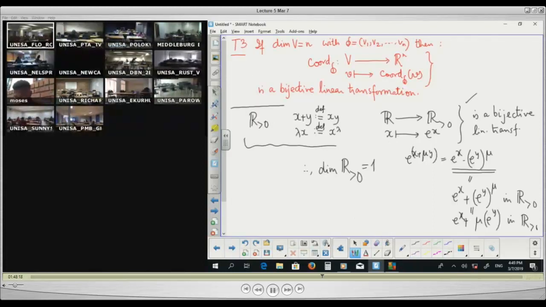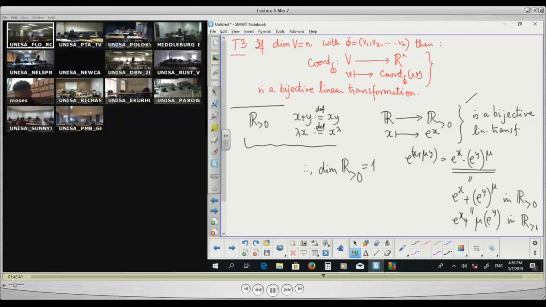It's taking powers. Yeah, I see. Why is it e to the power x plus e to the power y? Am I missing something? You're saying it's the same as e to the power x multiplied by e to the power y.